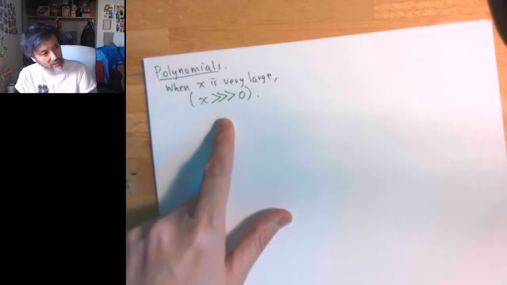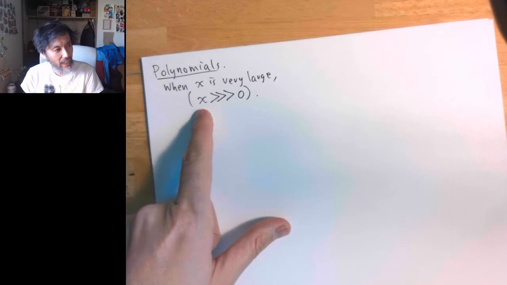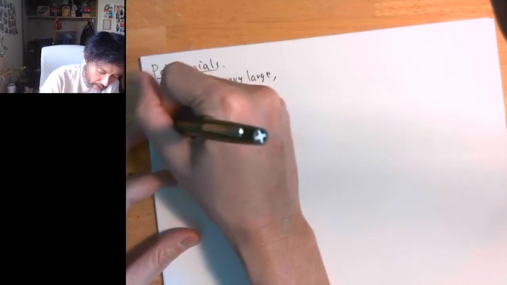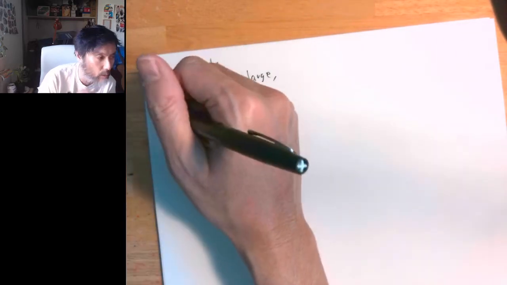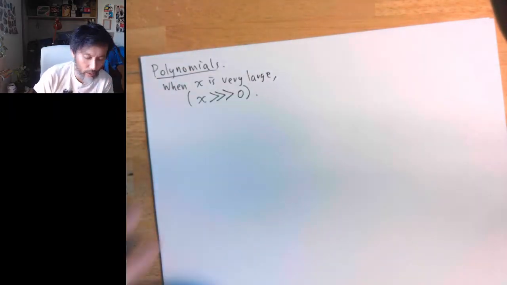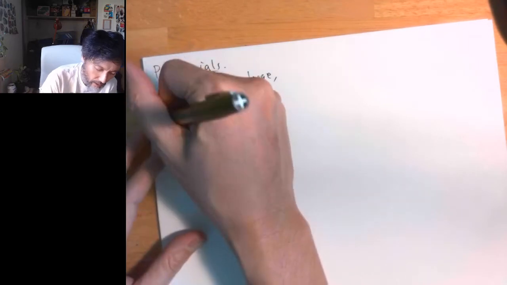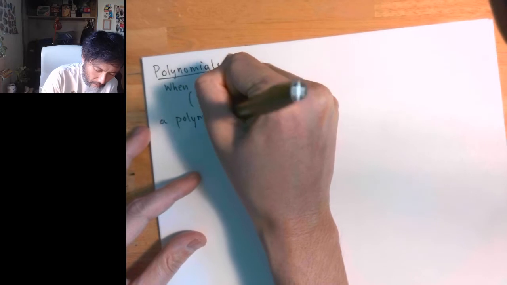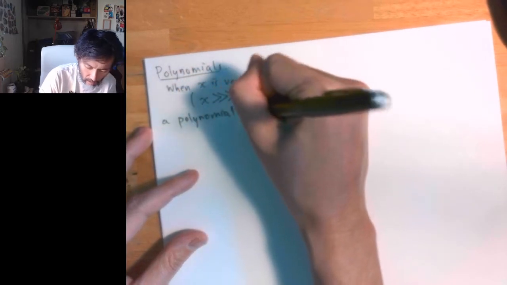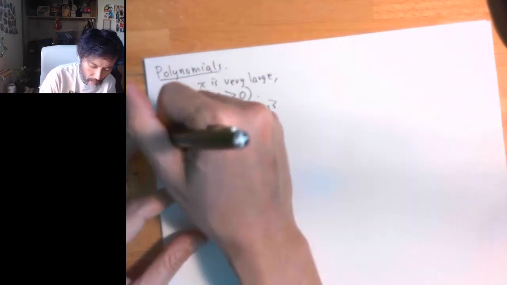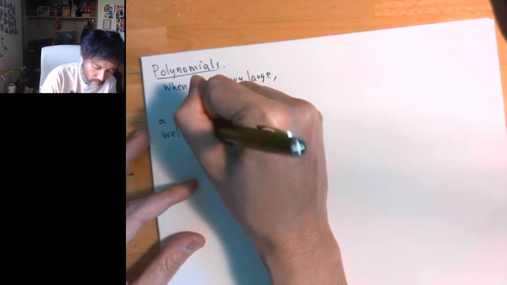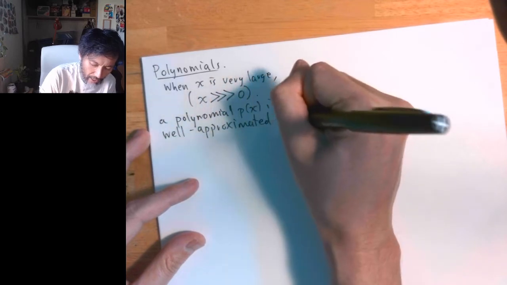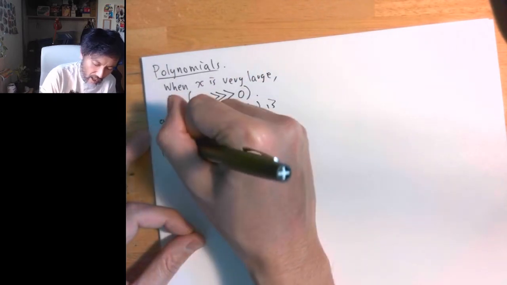This is standard notation. Here's the fact that I want to state that you should carry with you for the rest of your life because it's incredibly important. When x is very, very large, a polynomial p of x is well approximated by its highest degree term.